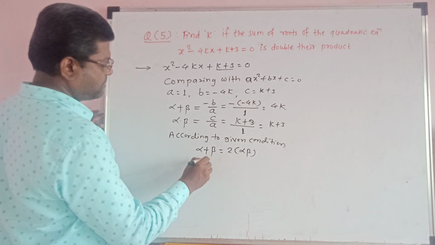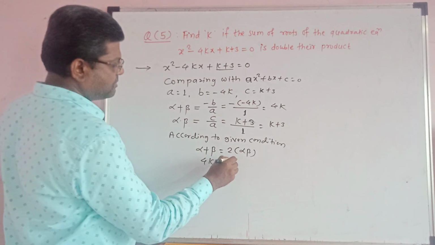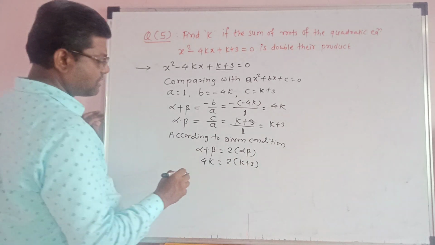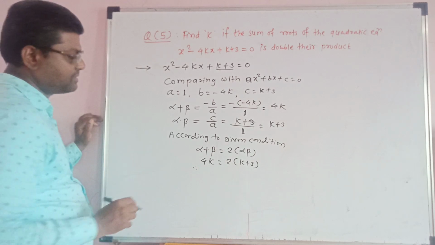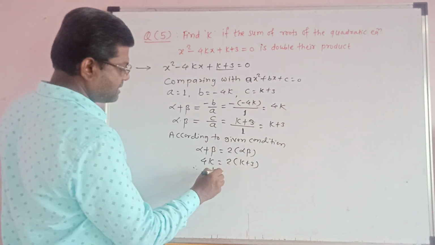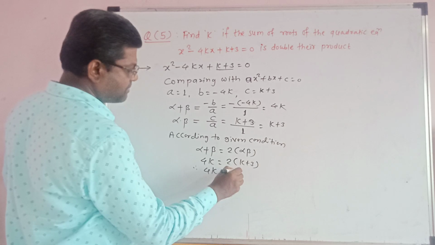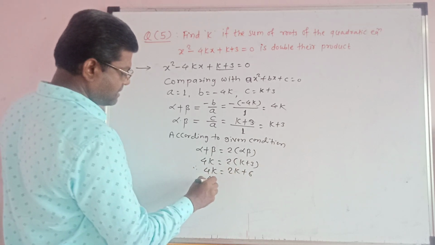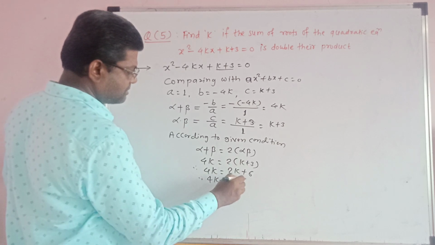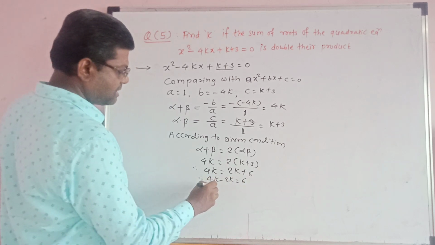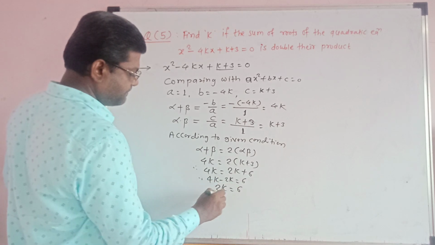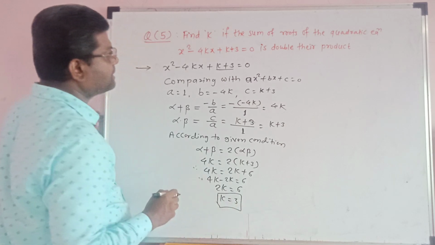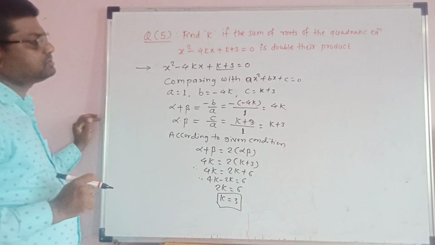Alpha plus beta is 4k and alpha into beta is k plus 3. 4k is equal to 2 (k plus 3). Therefore 4k is equal to 2k plus 6. Therefore 2k on the left side, 4k minus 2k, 2k is equal to 6. Therefore k is equal to 3. Therefore the value of k is 3.